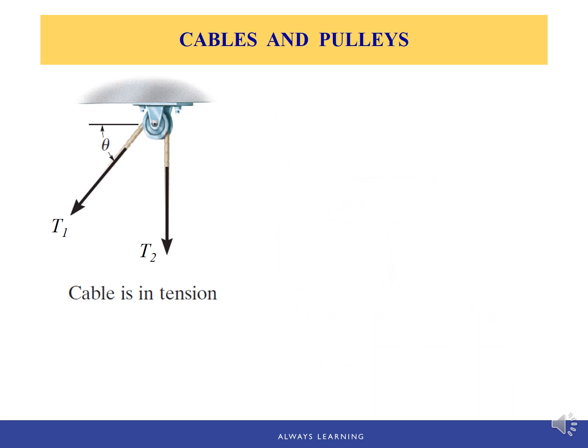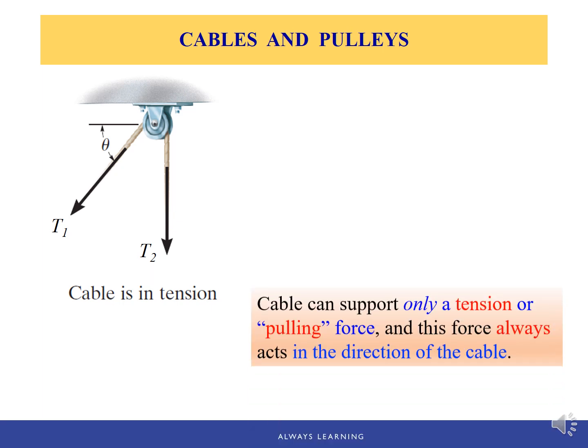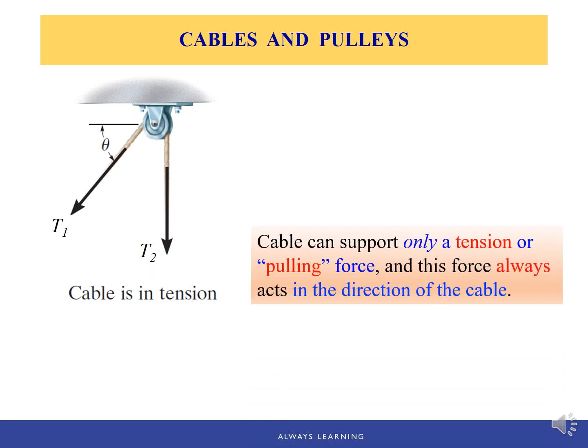The second type of support is called cables and pulleys, shown in this figure. Keep in mind, first, a cable can support only a tension or pulling force, because the cable is soft. It cannot push on the object. This force always acts in the direction of the cable.